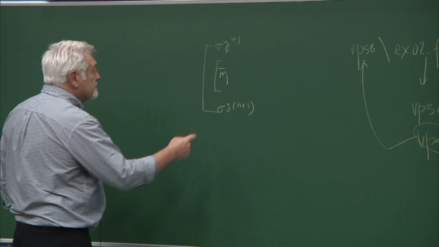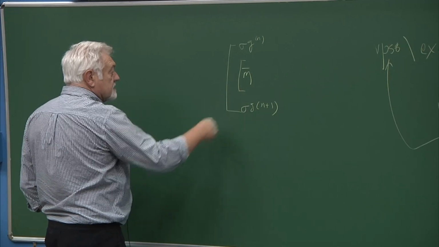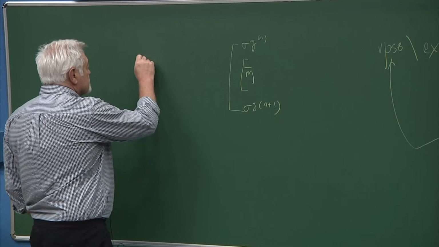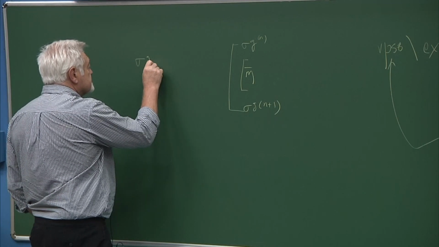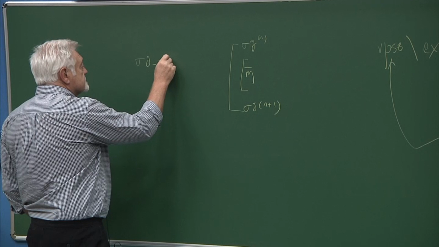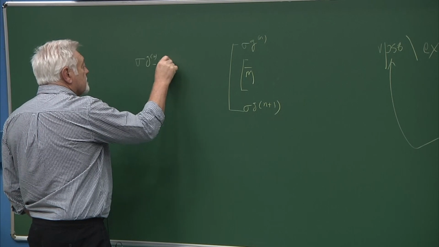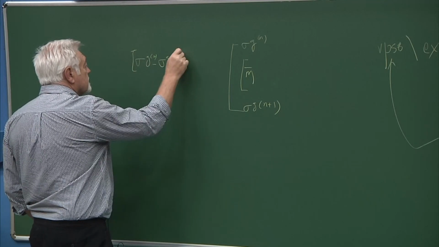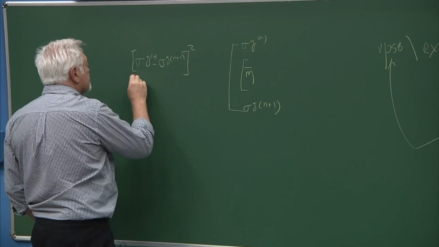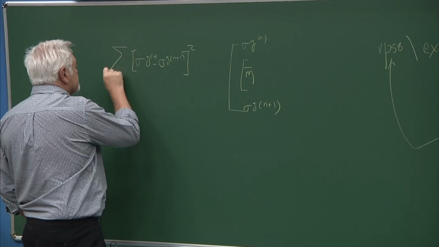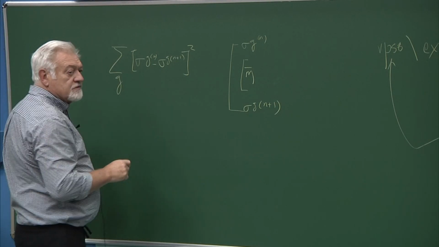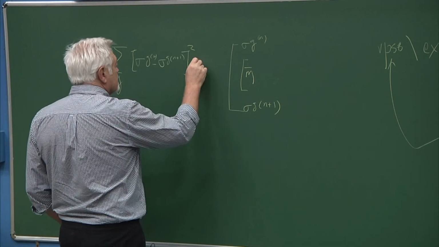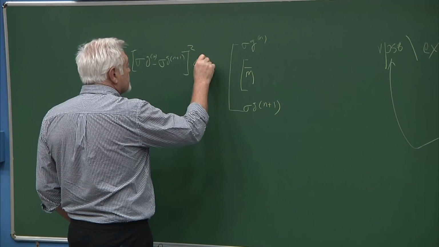And then you check if sigma g n minus sigma g n plus 1, squared, summed over all the grains, is lower than the tolerance.